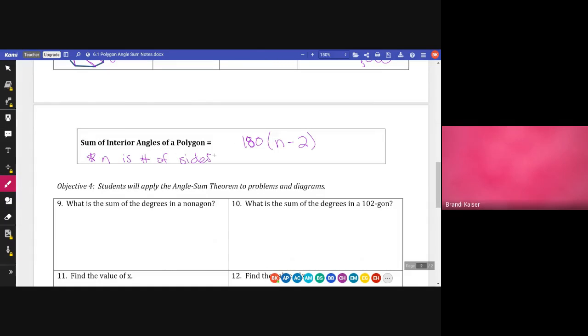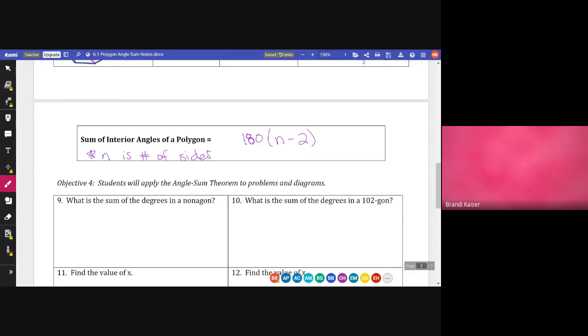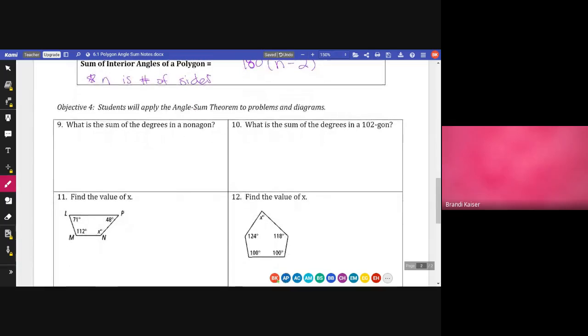If you know the number of sides of any shape, you should be able to plug that in for n, subtract 2, multiply by 180, and that'll get your total number of degrees. And that's actually what these first few examples are working on.